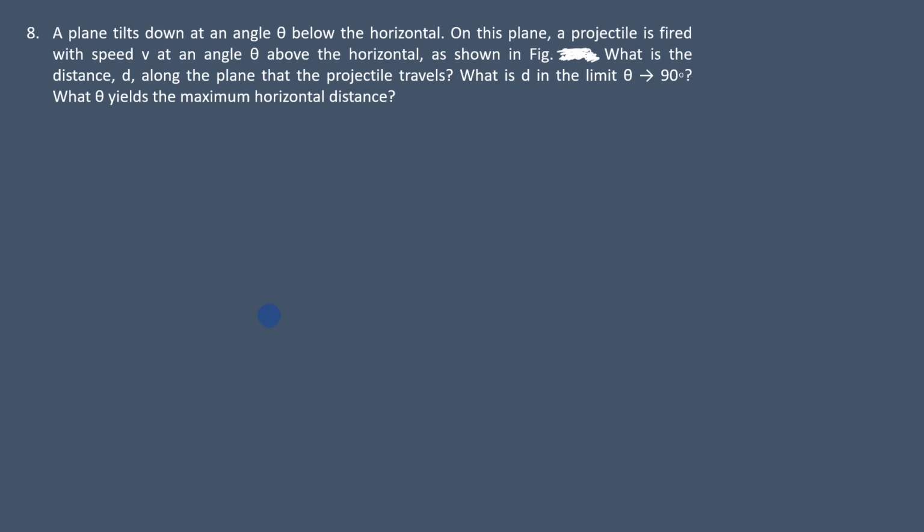Okay, we can illustrate the figure. Okay, there is a plane. The projectile is fired with initial velocity v, and theta is an angle above the horizontal, and the plane is tilted theta below the horizontal.